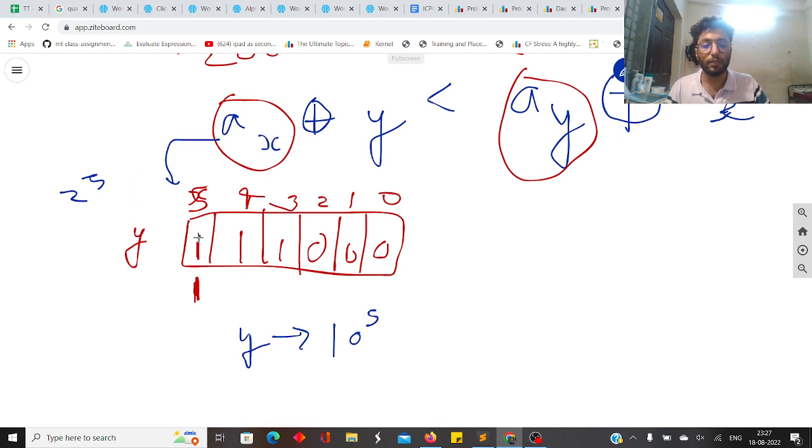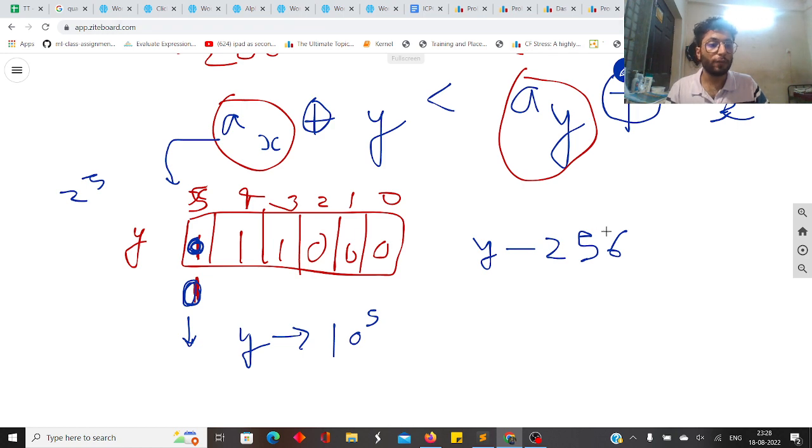So if this bit was initially on in my y-th element, and this bit is also on in my ax element, then this bit would get turned off if I XOR my ax with y. So the maximum ax can affect my y is by a value of 256, because that is the maximum bit that it can affect.